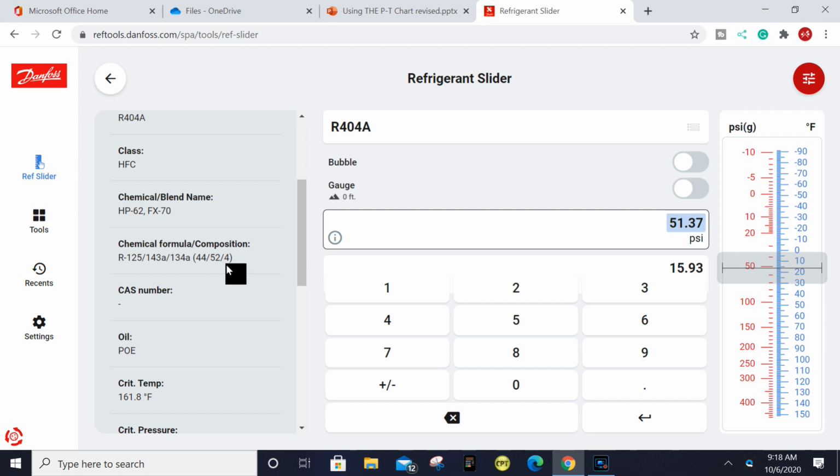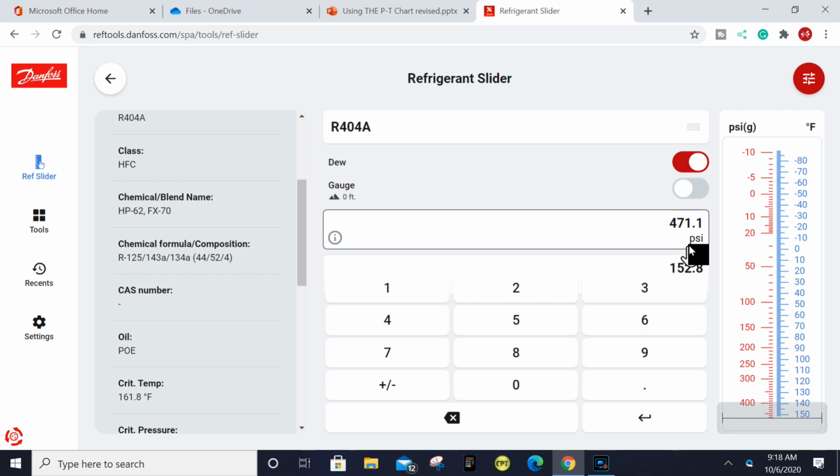Each refrigerant has its own boiling and its own dew point, so the difference of the two is the glide. So if I said there were 312 psi in that condenser, that equals 120 degrees for my bubble.